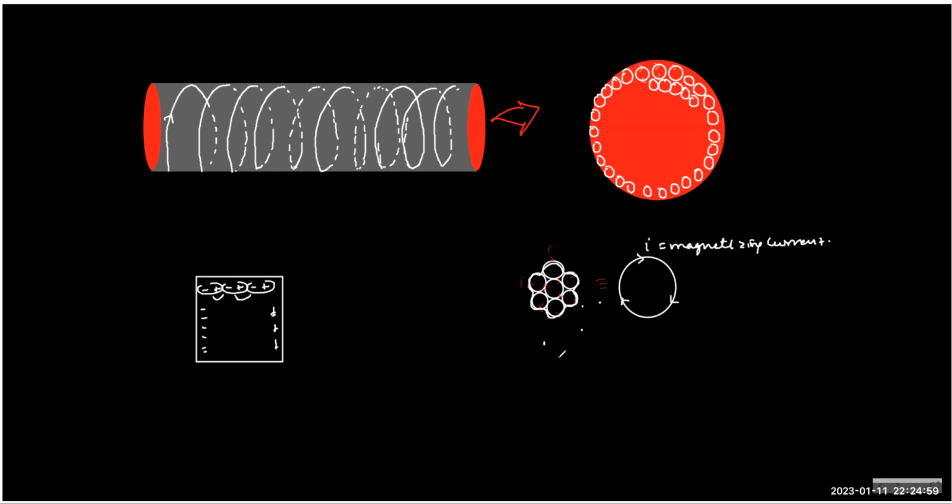So let's say I give you the linear current density, and the bar magnet has length L. Let J be the linear current density.